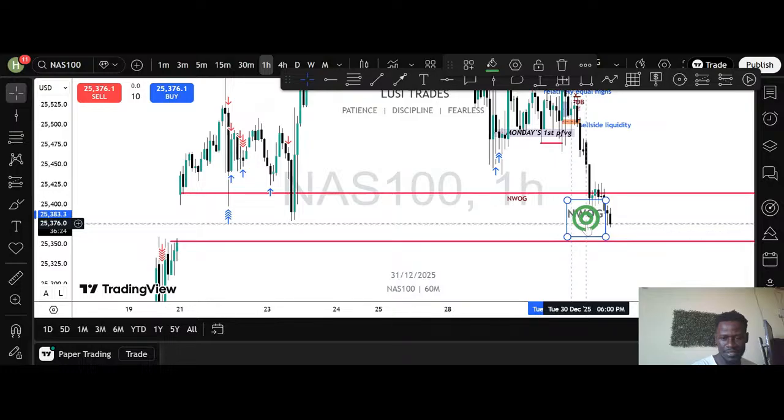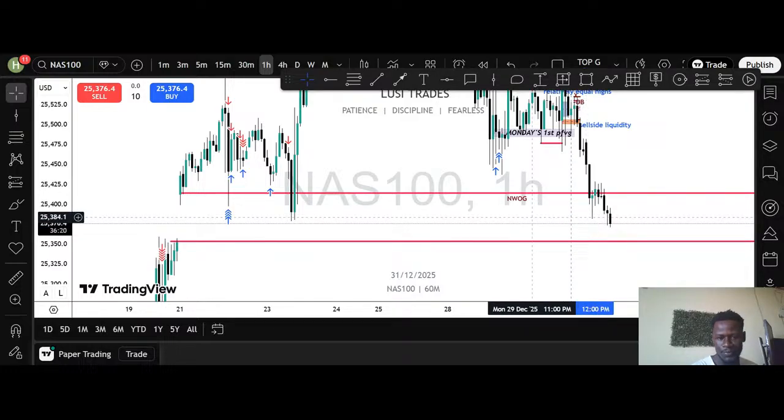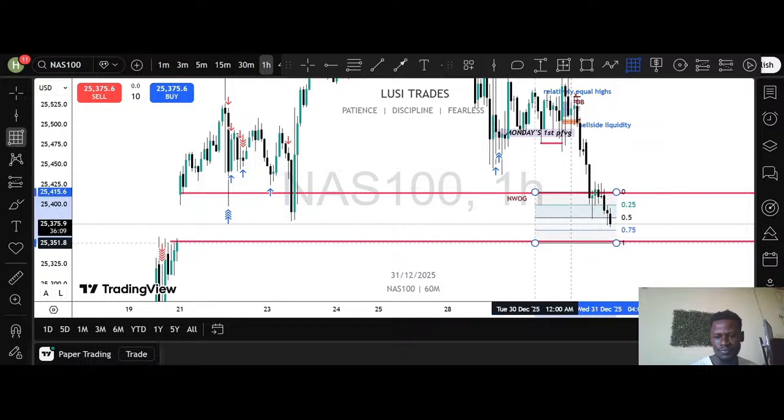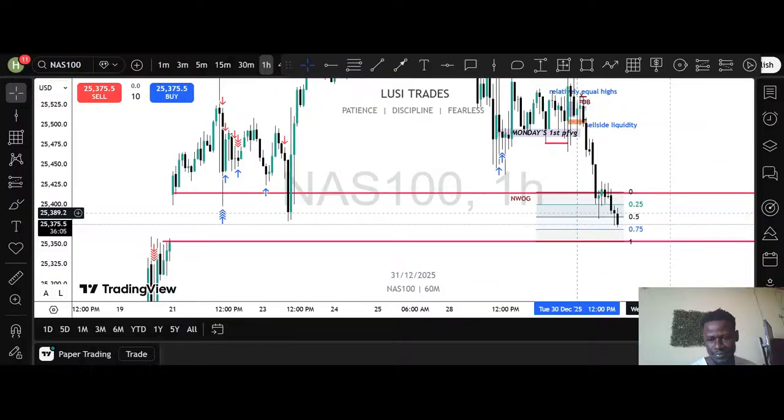Let me remove that now because we already hit it. We want to mark the quadrants, so let me highlight these, from that high to this low. So these are our levels.